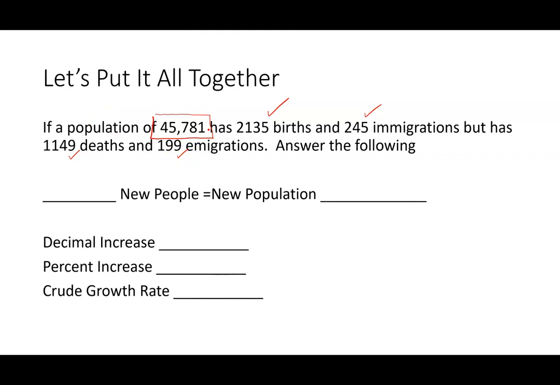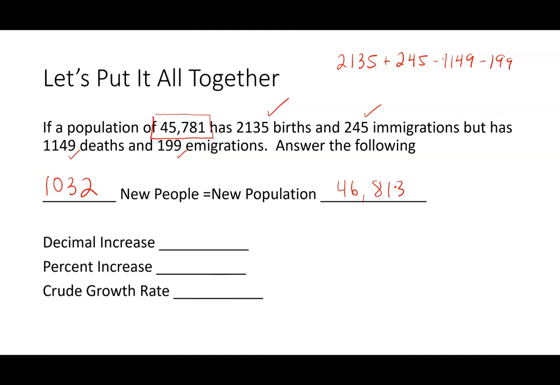So if you get your original amount of new people, you take your births, which was 2135, plus your immigrations, which was 245 people. Then you're going to subtract the amount of people that died, which was 1149, and the amount of people that left, which is another 199, which gives you a grand total of 1,032 new people for a new population of 46,813 people.